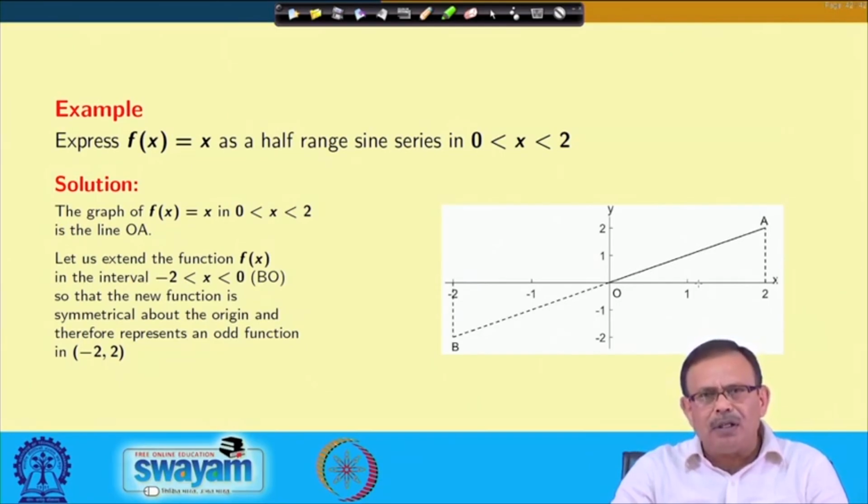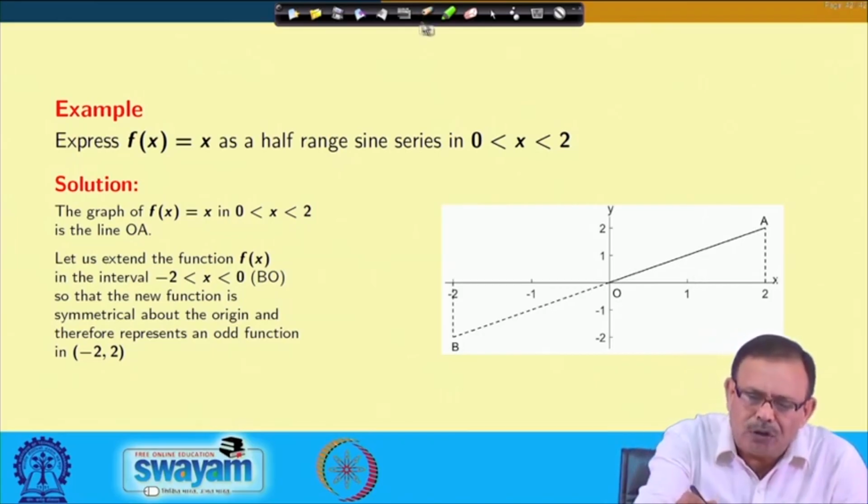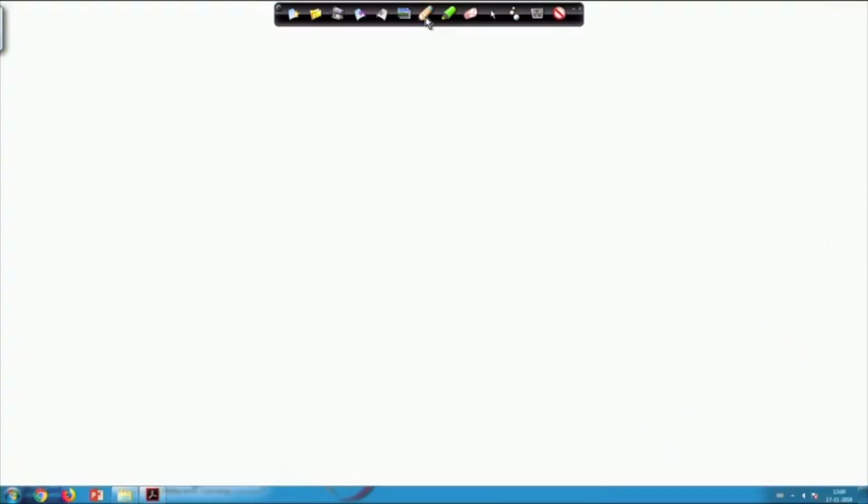Once I have done this, then I can solve this problem using the normal process as we have done earlier. So, now let us see what is the next step.